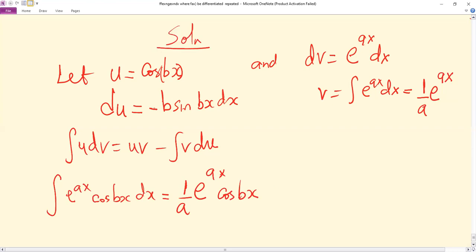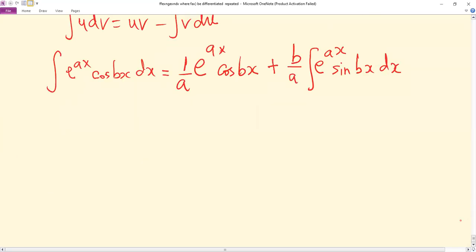Because we have a minus sign here, we'll have plus, and these are constants, so it will be b over a times the integral of e raised power ax sine of bx dx. Let's call this integral I.